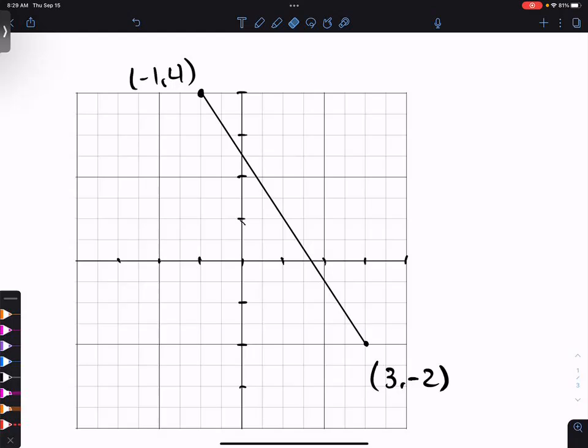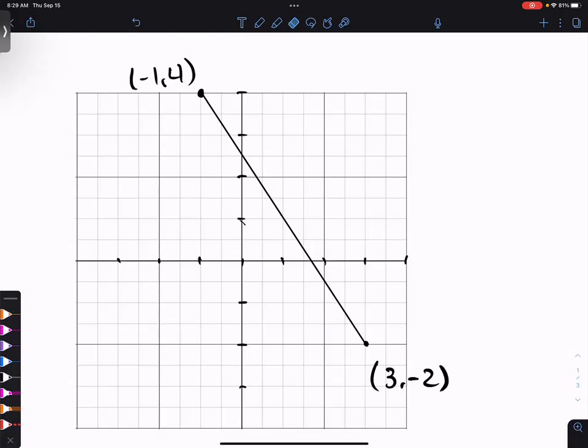So radius is distance from the outside to the center, right? How does diameter compare to radius? Half, right, or double, depending on which one we're talking about. So if this is a diameter, this is a radius, and this is a radius. So where's the center? In the middle, halfway. Okay, so we need to find the thing halfway across that line.